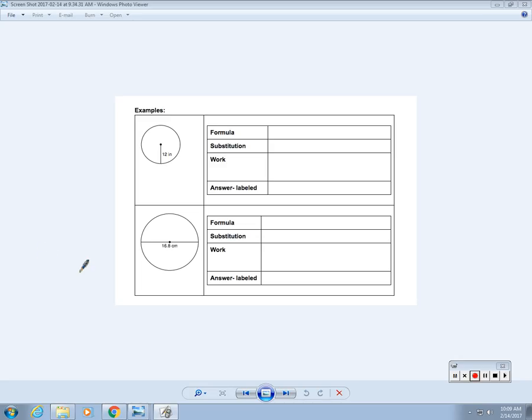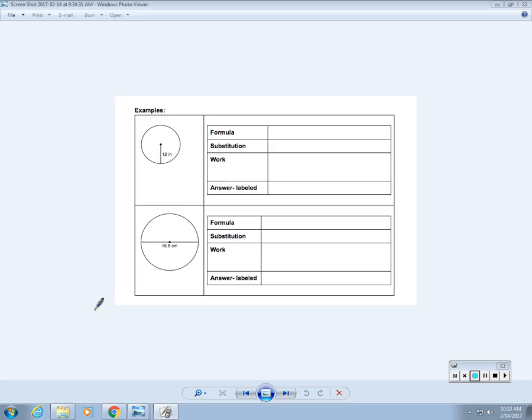Add a 0. 6 times 4 is 24. 6 times 1? 6. Plus 2? 8. 6 times 3? 18. Then add 2 zeros. 1 times 4? 4. 1 times 1? 1. 1 times 3? 3.